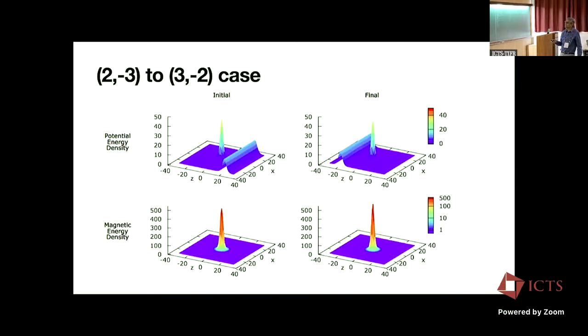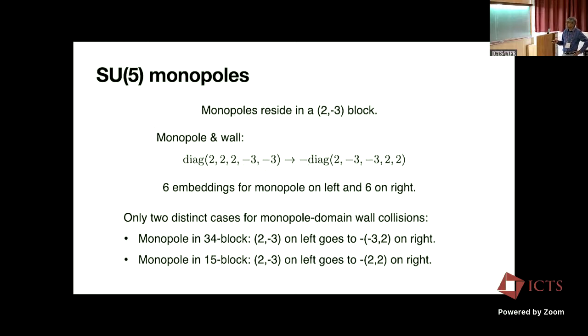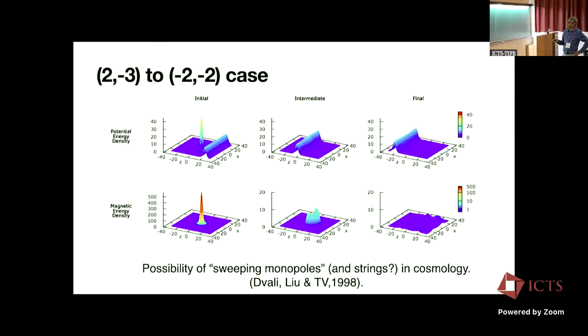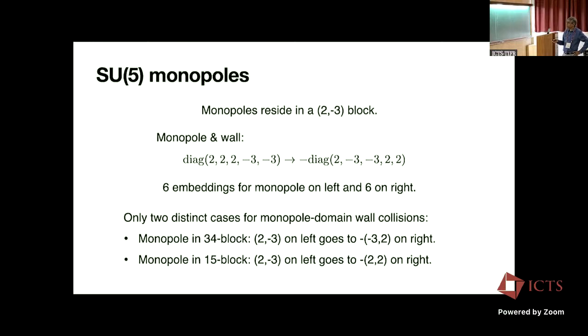This is a simulation we did, I think now, many years ago. So this is the case when the monopole winding is in this sector. So now you consider the case where the monopole winding is basically in the 1, 5 sector, 2 minus 3, and then it has to go to a 2, 2.